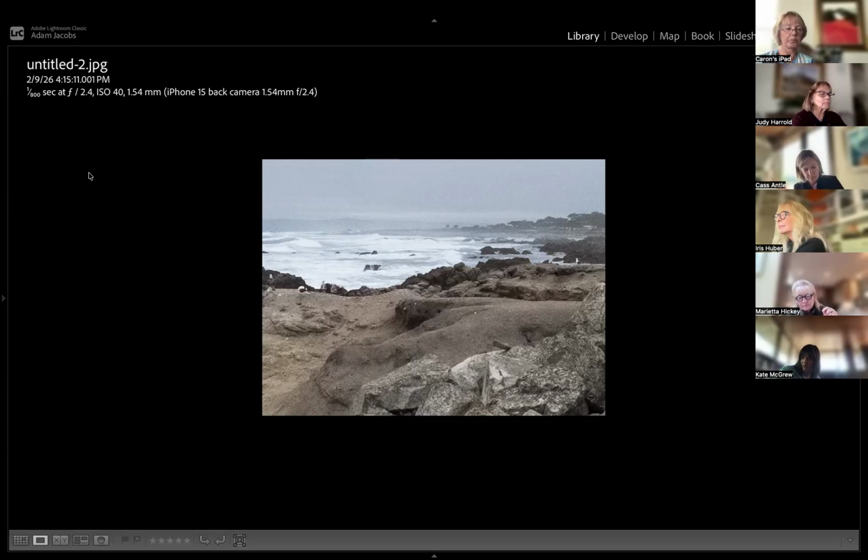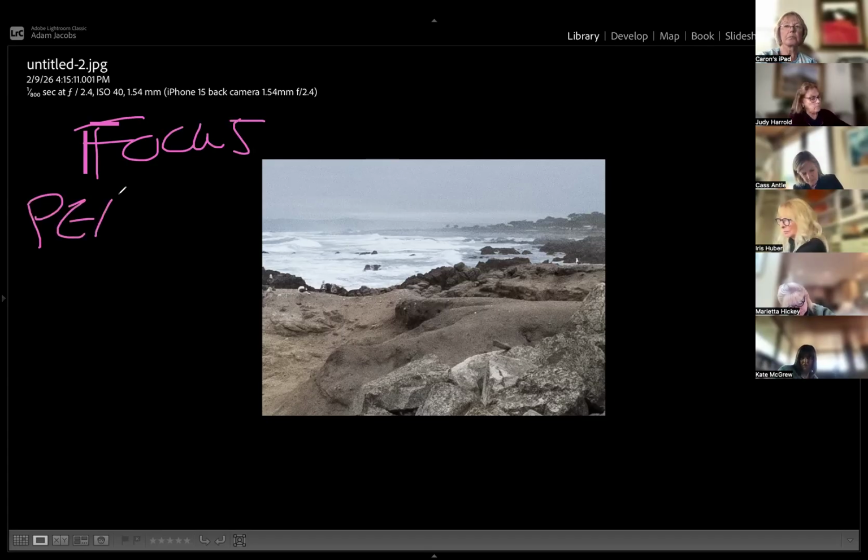I think this will be new for most of you. So let me just write it down. Focus peaking is just the digital overlay that shows you what's in or out of focus, where the green lines are.